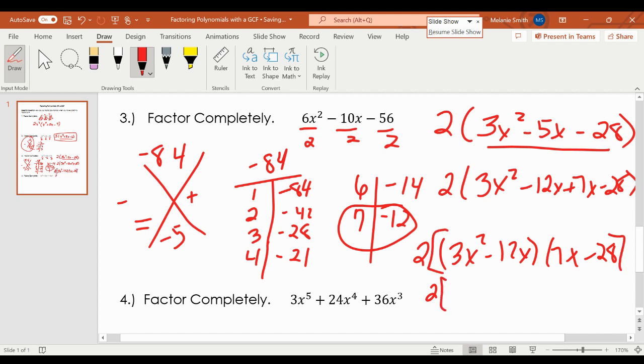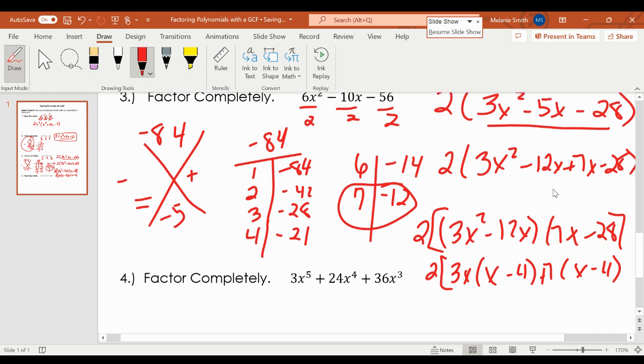So that's going to be 2 times; 3x squared and negative 12x both have a 3 and an x that will factor out. So that's going to be x minus 4. And then I want this over here to also be x minus 4, so that means plus 7.